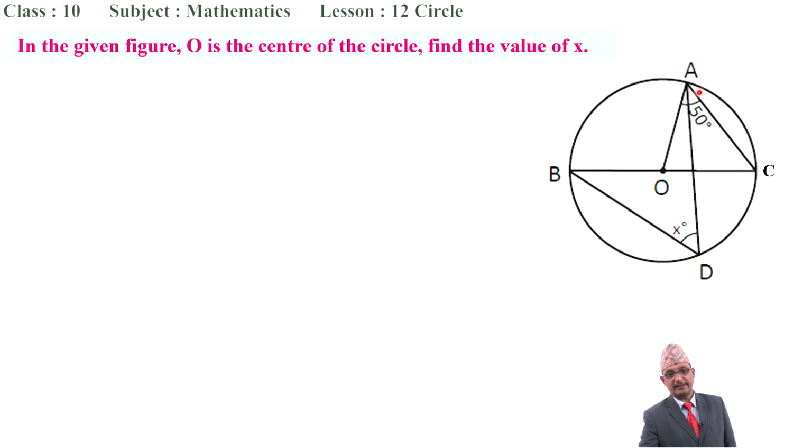So for triangle AOC, side CO is produced to B. That's why AOB is an exterior angle. And exterior angle equals what we know? Sum of the opposite interior angles. So angle AOB equals 50 degree plus 50 degree, which is 100 degree. So AOB will be 100 degree, central angle 100 degree. Then the inscribed angle standing on the same arc will be half of the central angle, that is x equals 50 degree. Have you understood?